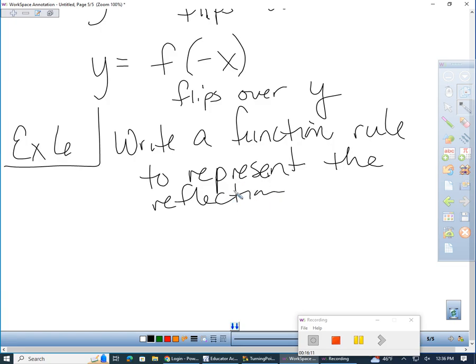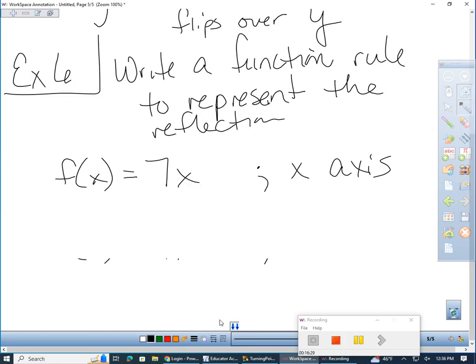So on these problems, and this is your 23 through 25, let's say I have f of x equals 7x, and then they want you to reflect it over the x-axis. In order to reflect it over the x-axis, the whole function has to turn negative. So we would rewrite this as f of x equals negative 7x. That's it.